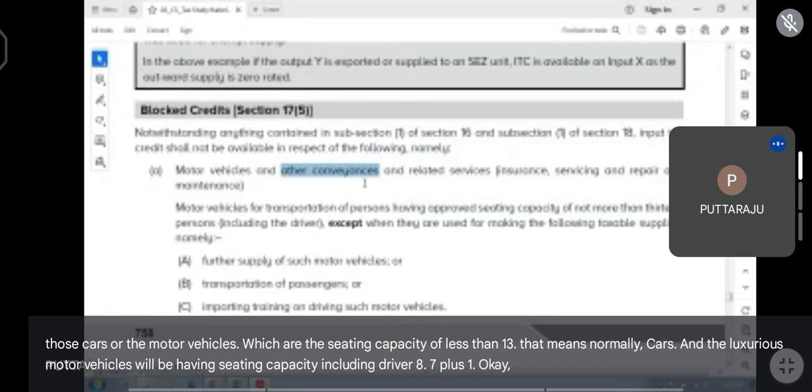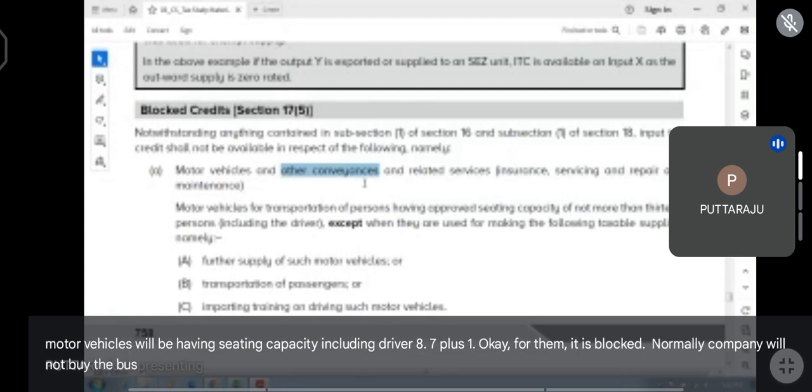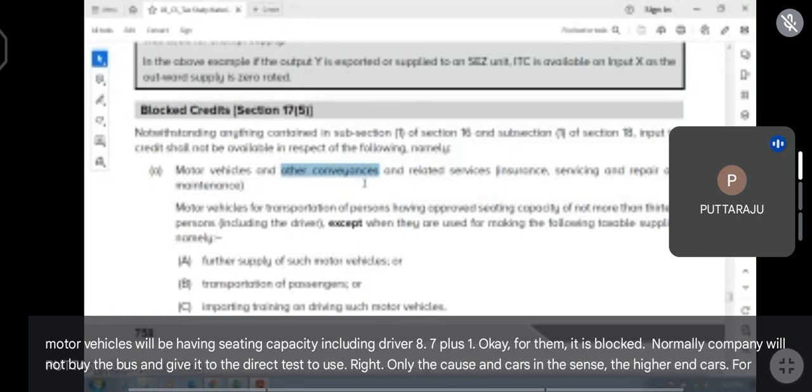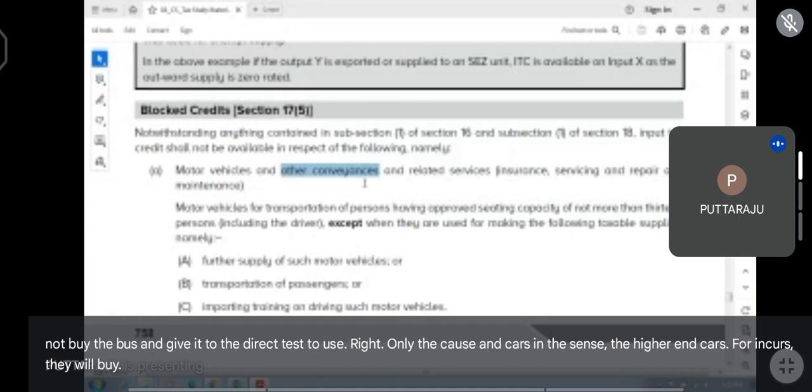Okay, for them it is blocked. Normally company will not buy the bus and give it to the directors to use. Right? Only the cars, and cars in the sense the higher end cars, foreign cars they will buy. To avoid such practices, they brought in this provision.